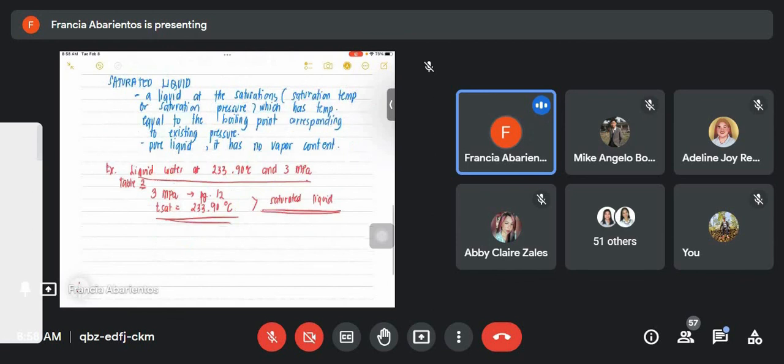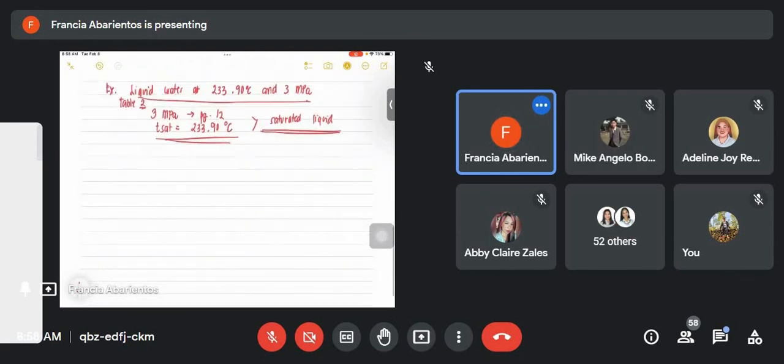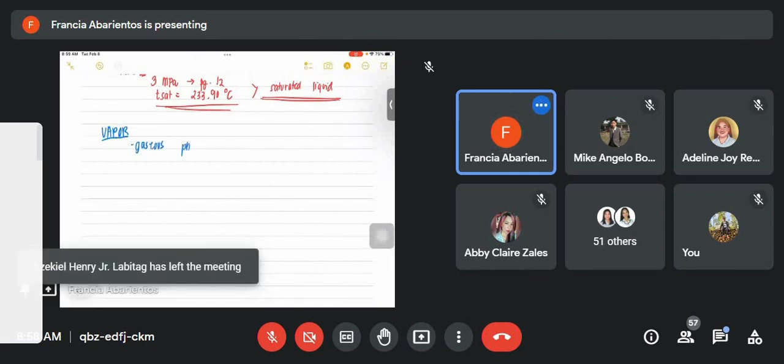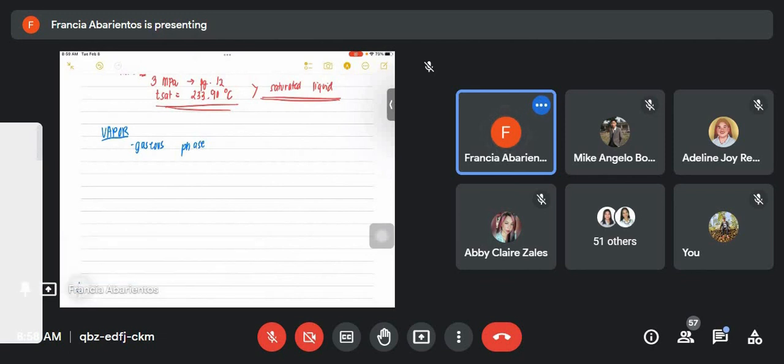So, next class is now the punta na tayo sa vapor. Ano sa vapor class? So, this is a gaseous phase that is in contact with the liquid.